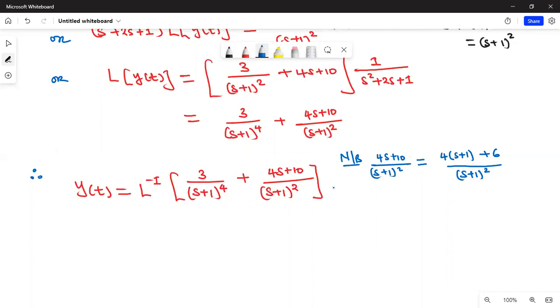I've only written the numerator because when you open it, we'll have 4s plus 4 plus 6, which is 4s plus 10. And so this will give you two fractions. This will give you this fraction 4 times s plus 1 over s plus 1 squared, then plus 6 over s plus 1 squared, which when you simplify, you're going to get 4 over s plus 1 plus 6 over s plus 1 squared.